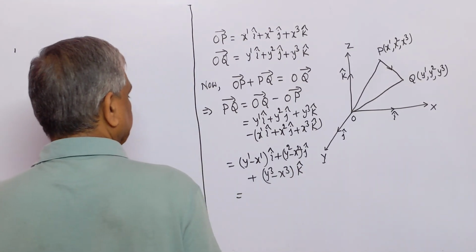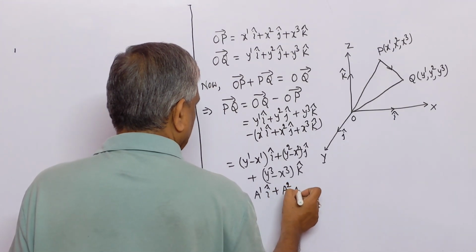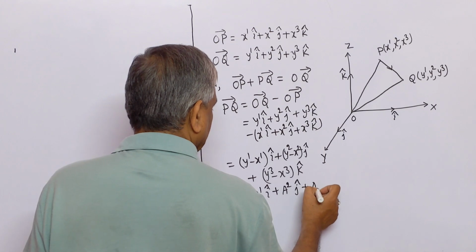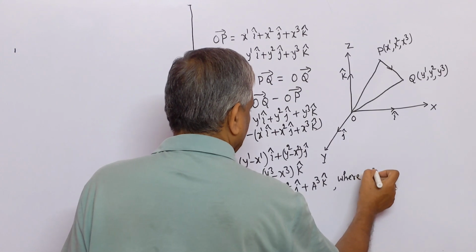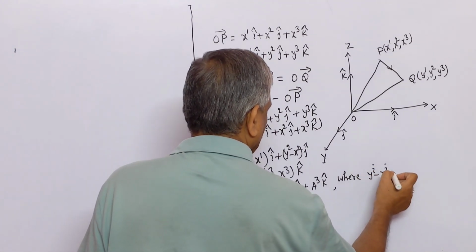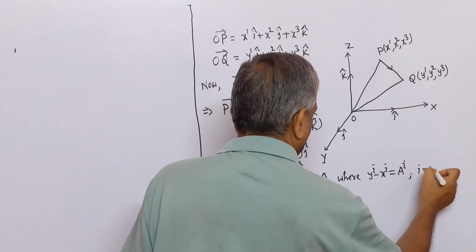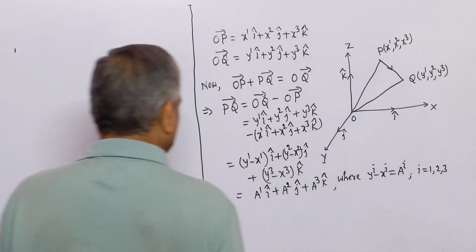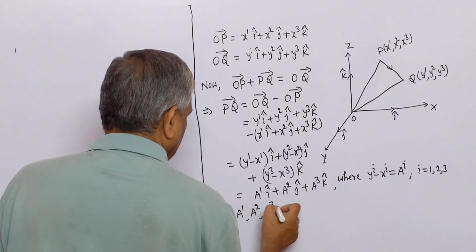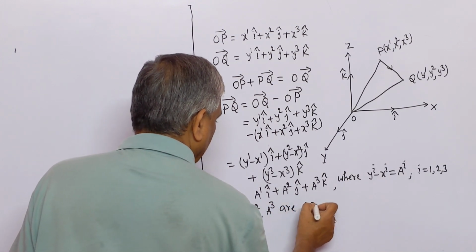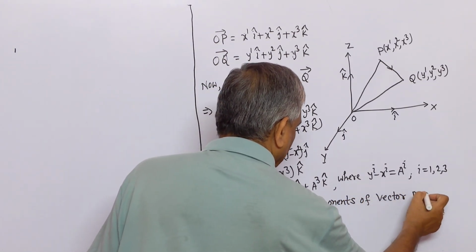This is equal to a1 i plus a2 j plus a3 k, where yi minus xi equals ai, i equal to 1, 2, 3. a1, a2, a3 are components of vector PQ.